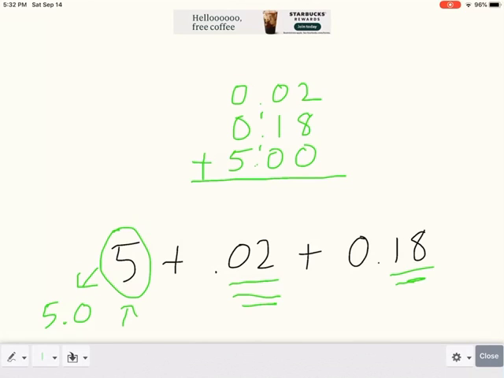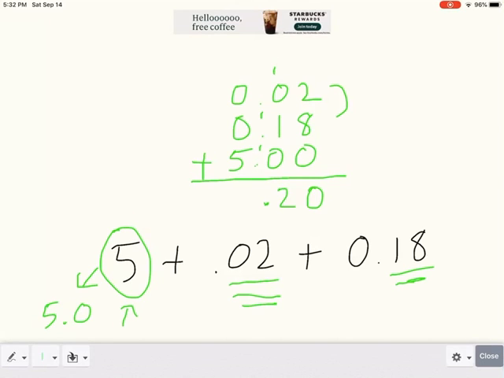So let's go ahead and do our addition. 2 plus 8 is 10. 10 plus 0, well, that's 10, right? We'll write our 0. We'll carry our 1. 1 plus 0 is 1. 1 plus 1 is 2. 2 plus 0 is 2. So we got a 2. Now we're going to drop our decimal point.